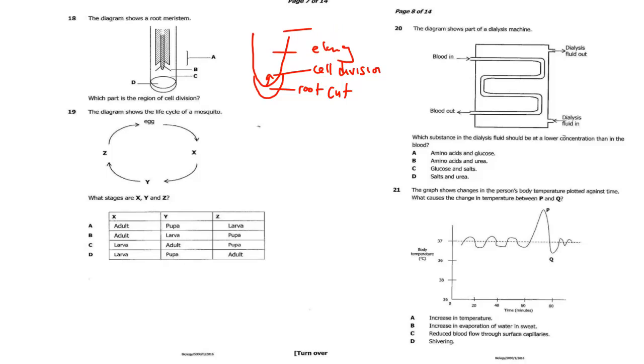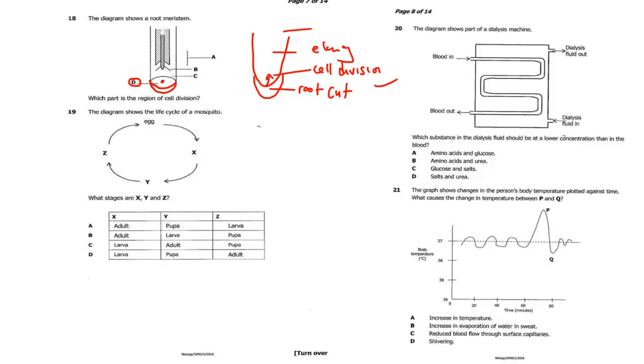So cell division is occurring at D. This is the root cap, and this bottom part is the meristem. The diagram might not be clear, but I think you are able to see that.